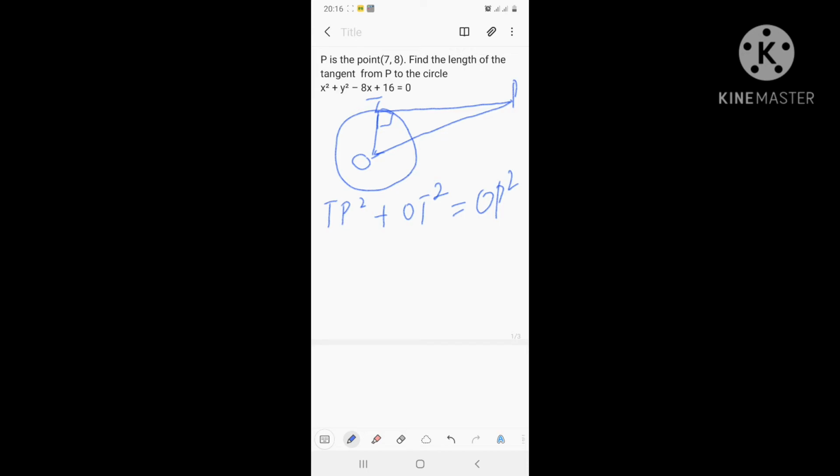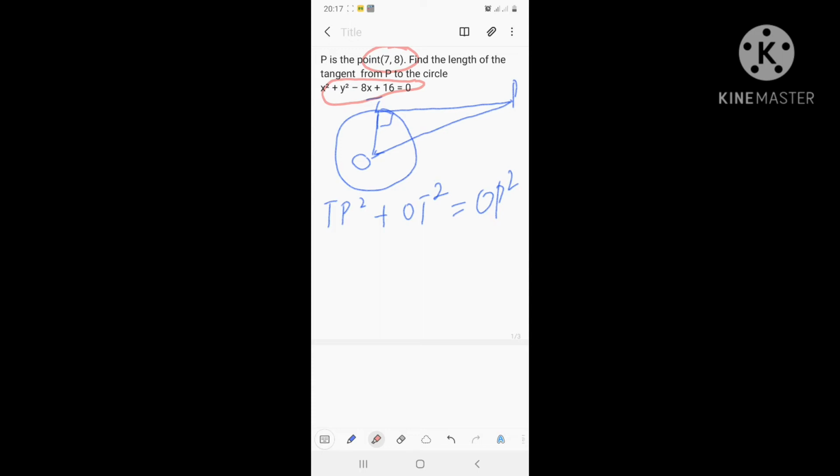What we do is we find the absolute value of the equation of the circle at the exterior point. I repeat, we find the absolute value of the equation of the circle at the exterior point.